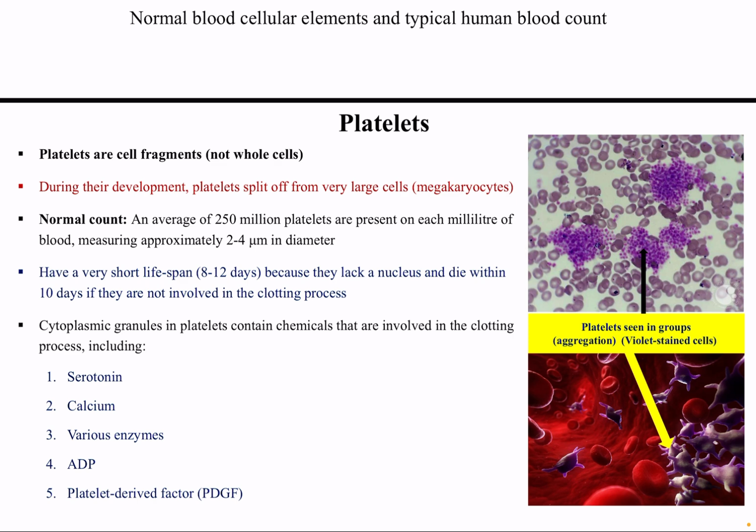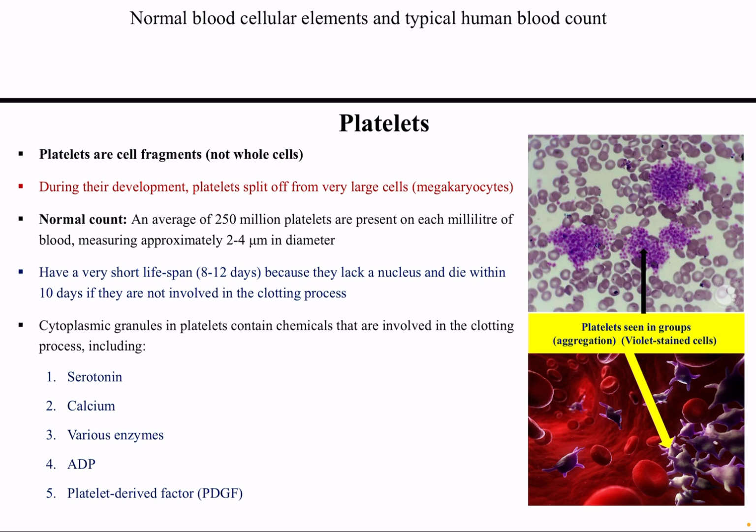Its number is about 250,000 per cubic millimeter, and it has a short lifespan, between 8 to 12 days. That's because it contains no nucleus and no production of enzymes within the cell. The enzymes present inside the platelets are consumed within this period of time, and no replacement will occur because it contains no nucleus.